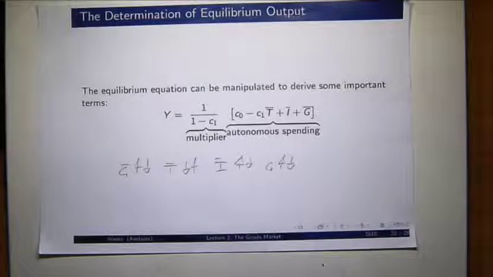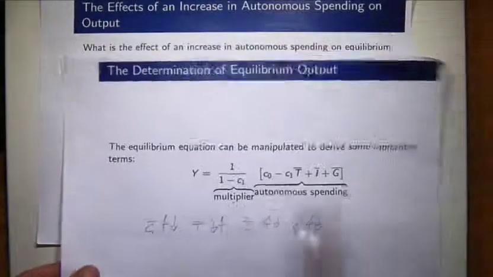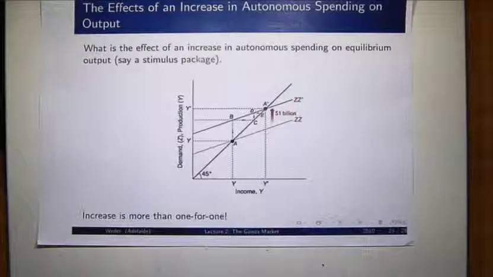Let's do it graphically first, and then we come back to what we call this multiplier and autonomous spending. So what do we have in mind? We have in mind there's an increase in government spending, say, by $1 billion.